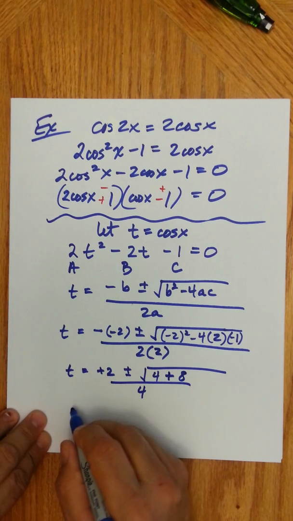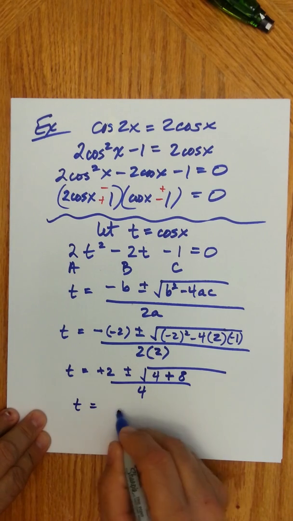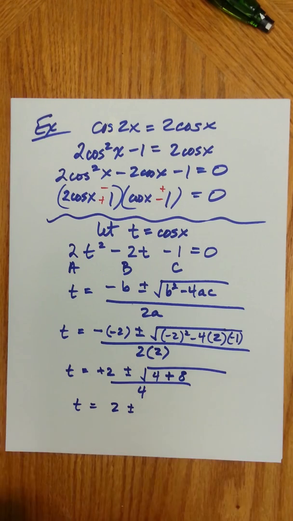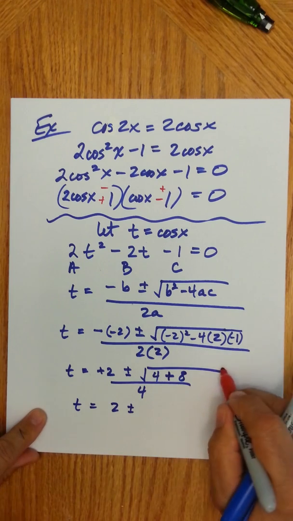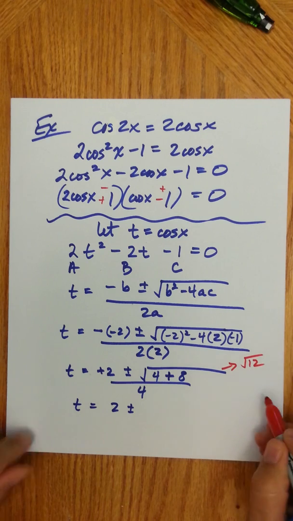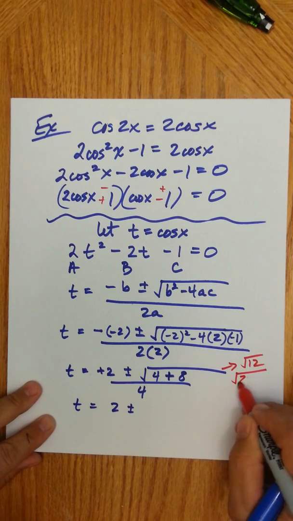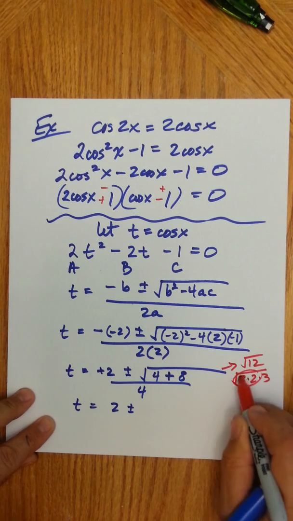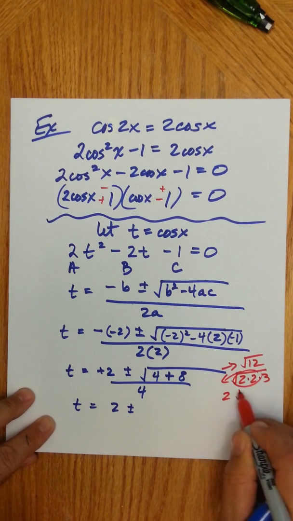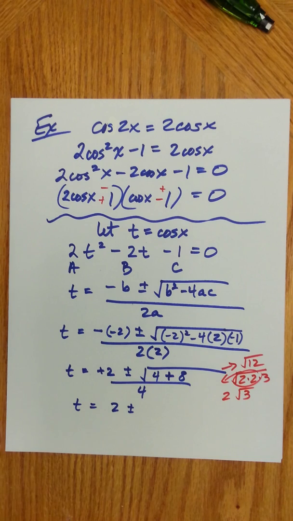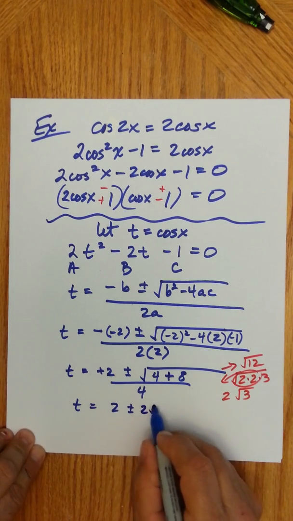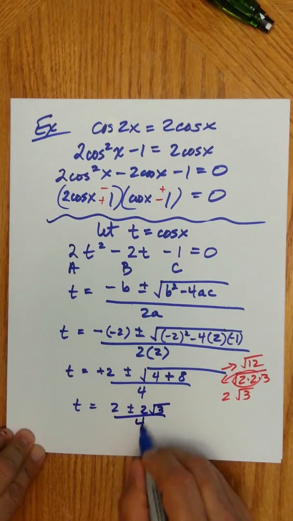So now what I have is t equals 2 plus or minus. Now here, when I do 4 plus 8, I know I'm going to have square root of 12, right? Which when I factor it, it's 4 times 3, so the 4 can come out, and I really have 2 times the square root of 3. So I can write this as 2 plus or minus 2 times the square root of 3 all over 4.